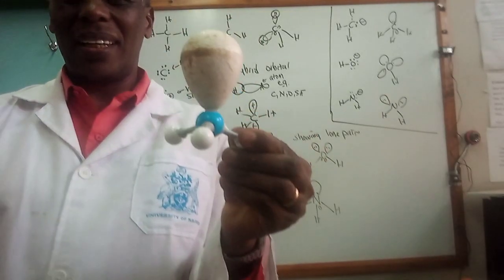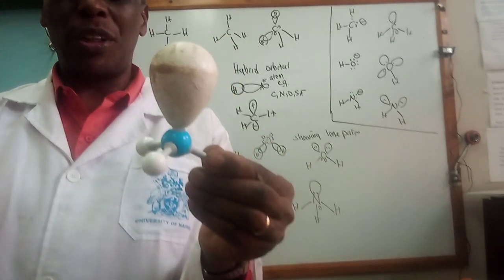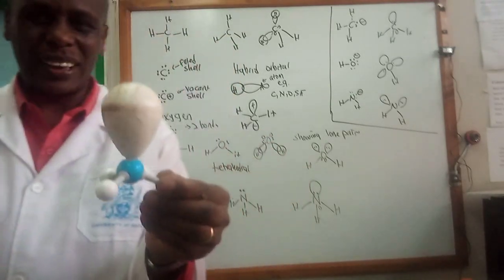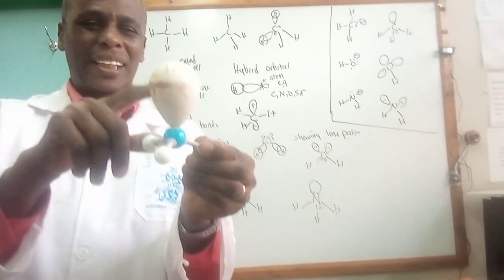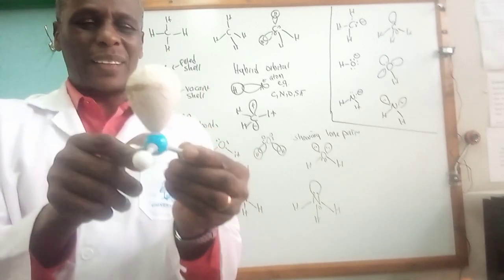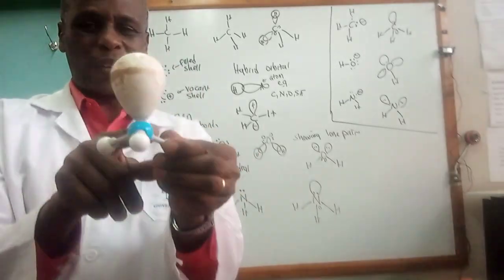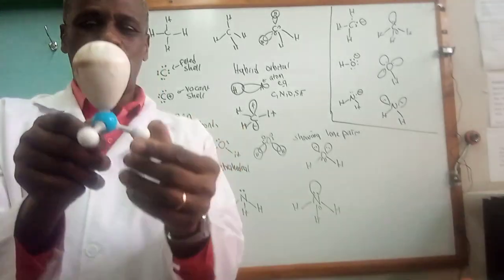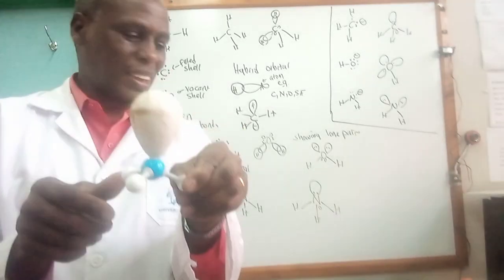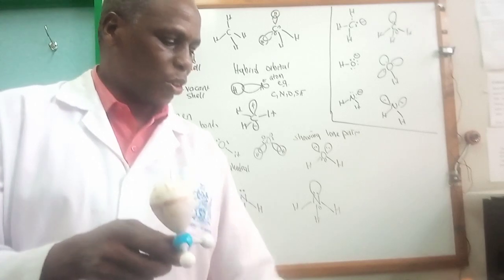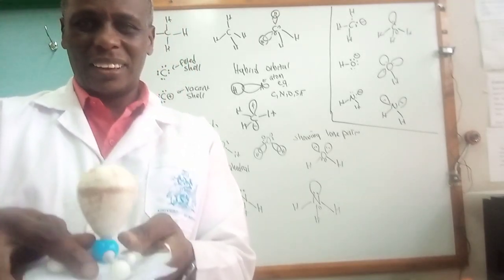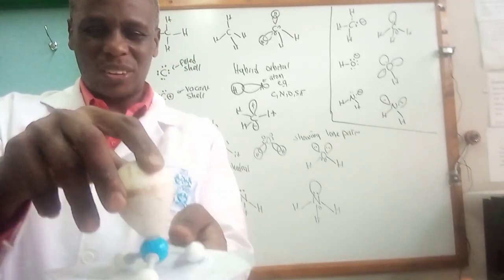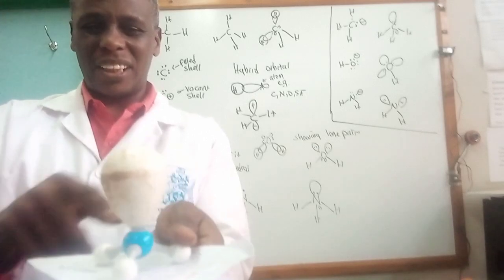If we have something like ammonia, it's going to be tetrahedral. Can you see that? The lone pair is shown as your p orbital here, and the hydrogens attached to the nitrogen will form part of the tetrahedral structure. If I draw it flat like this, it's going to be like a tetrahedral.